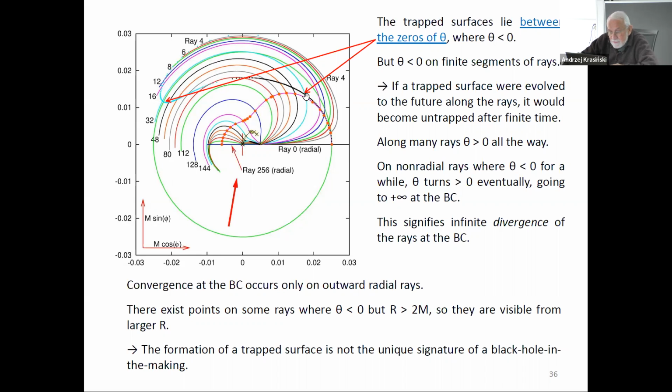It has first theta equal to 0 here, second zero here, and all along this ray between those zeros the expansion is negative. But if you follow this ray further into the future, theta becomes positive again, which means that the surface intersected by this ray would become untrapped at later times.